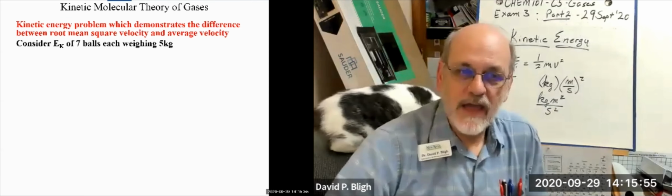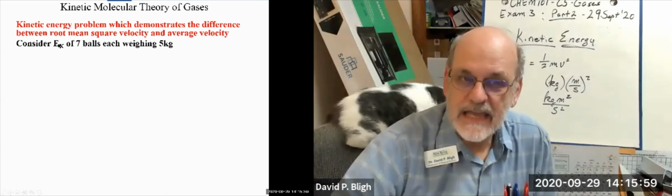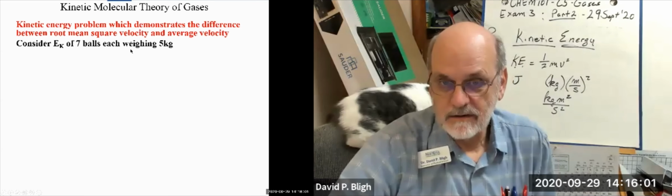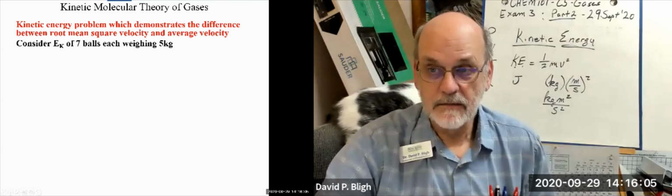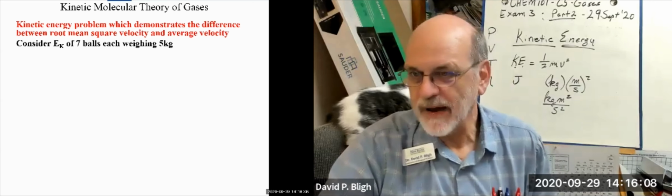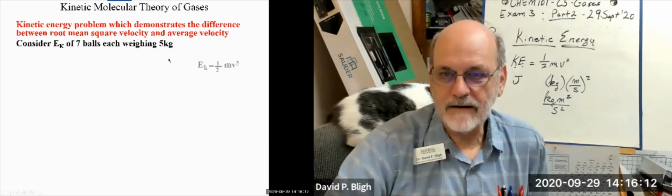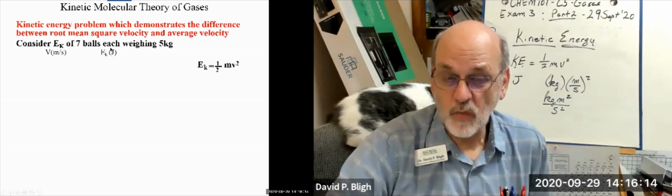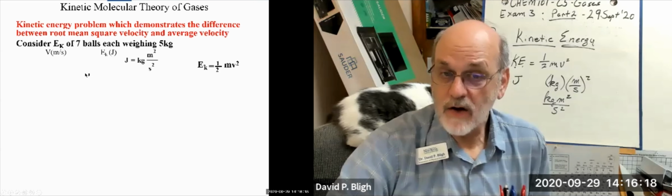Okay, so let's say we have 7 balls, bowling balls, and each has its own energy. Each weighs 5 kilograms, right? So that's about a 12-pound bowling ball.